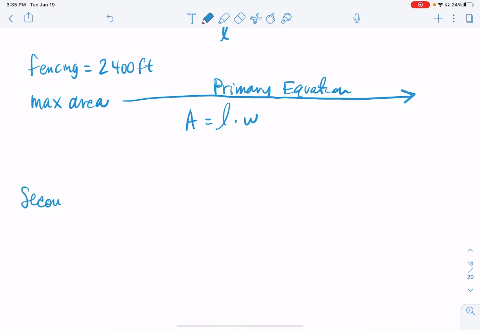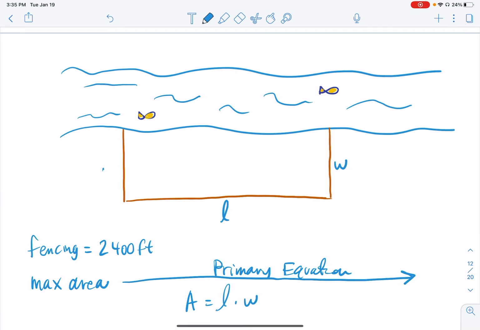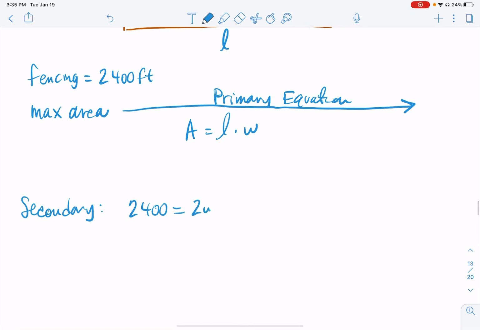So our secondary equation is going to be our fencing, which is 2,400 feet, should be equal to, we have 2 of these W's. Let me label it so it's obvious. 2 W's and an L. Okay. And now we're going to use this as a system of equations. We're going to solve by substitution. We're going to take one of these variables, solve for one of them, so we can stick it in here.